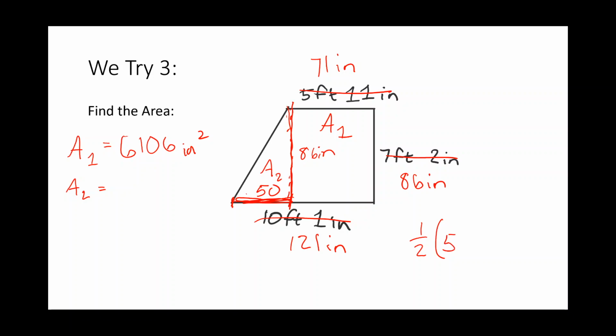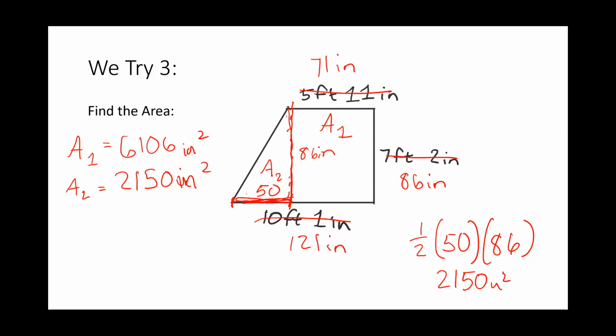So 1/2 times the base of 50 times the height of 86 inches. 0.5 times 50 times 86 is 2,150. That's in inches. Sorry, not in units. It's just in inches.